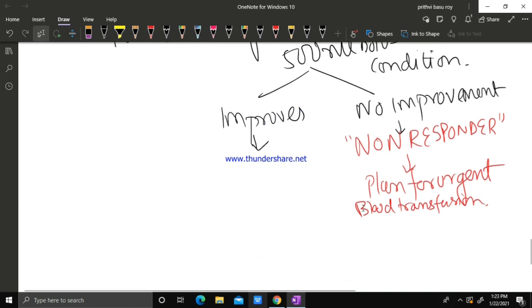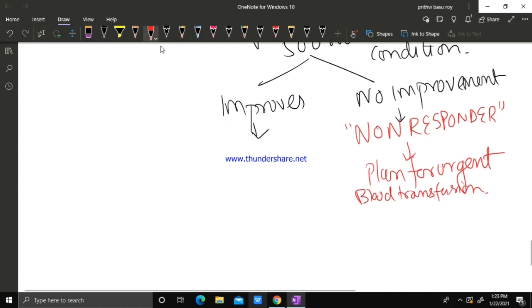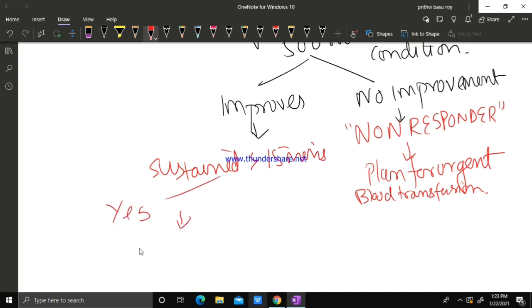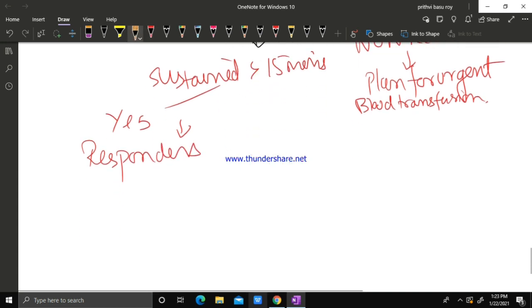That is the best, but you try with fluid first. So if the patient improves, now, is the improvement sustained for more than 15 minutes? If it is yes, then they are responders, and you are going to treat them by continuing the resuscitation.